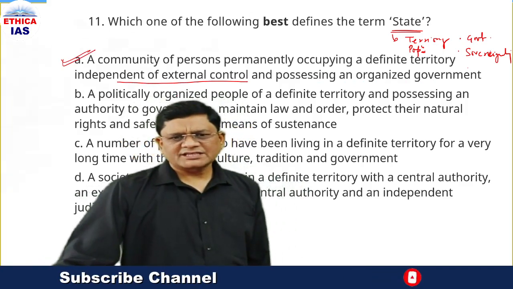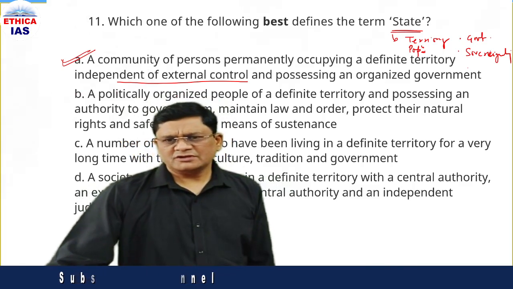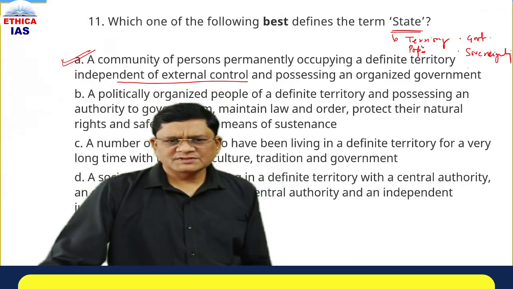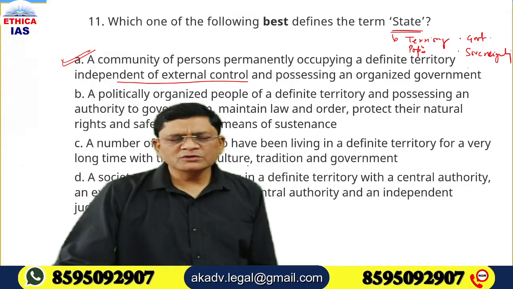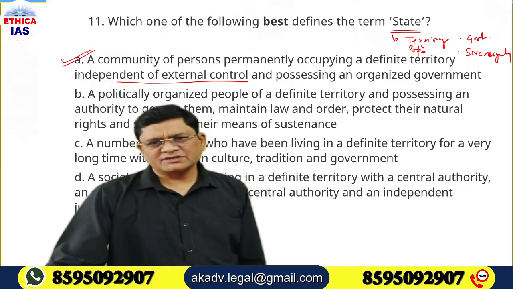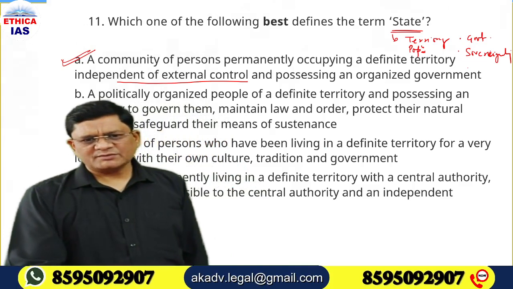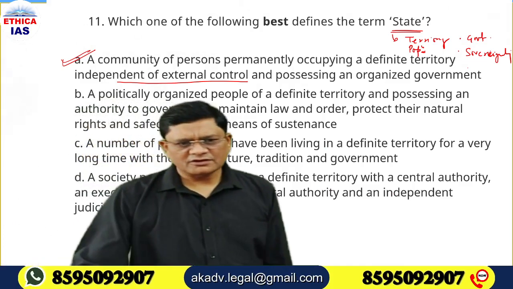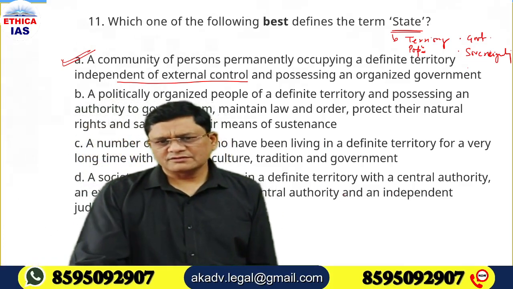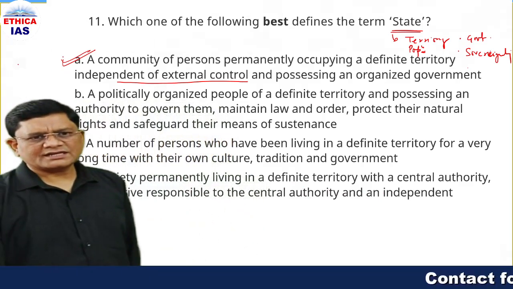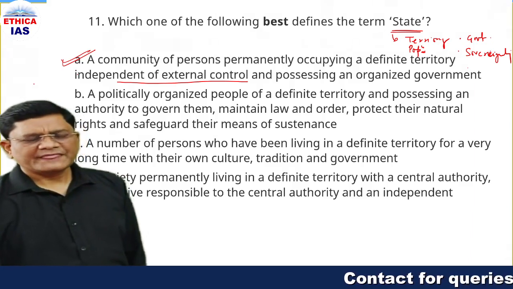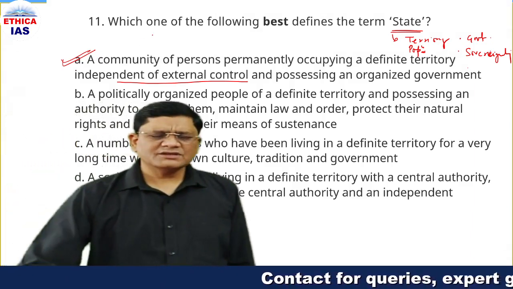Second, politically organized people, no, not at all. Third, a number of persons who have been living in a definite territory for a very long time for their own culture. No, culture is not an element of state. Fourth, a society permanently living in a definite territory with central authority and executive responsibility, central authority, independent judiciary. No, it is not definite. So the correct answer is the first option.